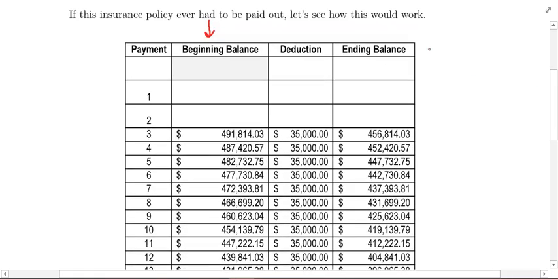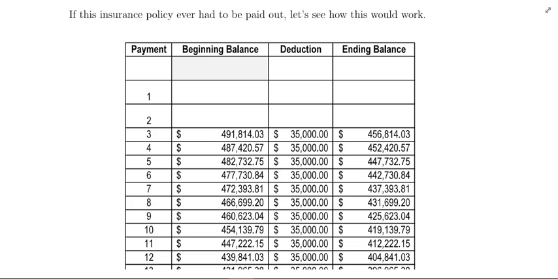And then after that deduction is made, there is an ending balance to that life insurance account, okay? So that's kind of what's going on. That's what the columns are keeping track of, okay? So like I said, we're going to use this table to see how John's life insurance policy would be paid out if it had to be, okay?